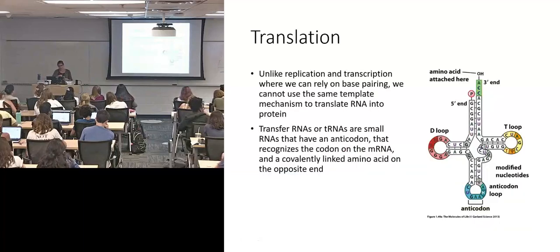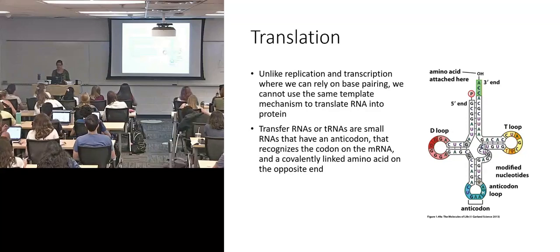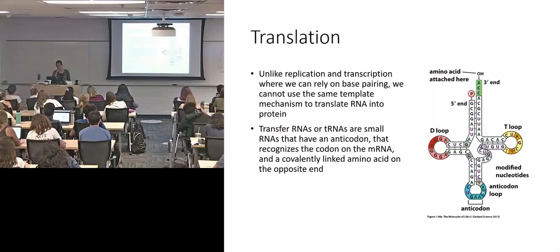Okay. Unlike replication and transcription, where we rely on base pairing, we can't use that same one-to-one mechanism for translating mRNA into proteins. Rather, it relies on a three-base sequence called a codon. Transfer RNAs, or tRNAs, are very small RNAs that generally have a clover-looking structure. They have an anticodon that recognizes a codon.